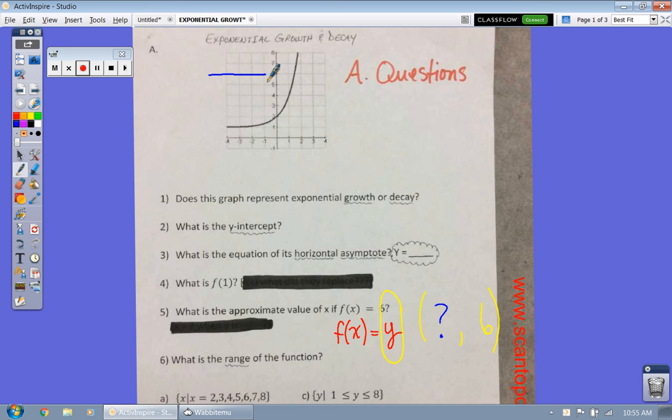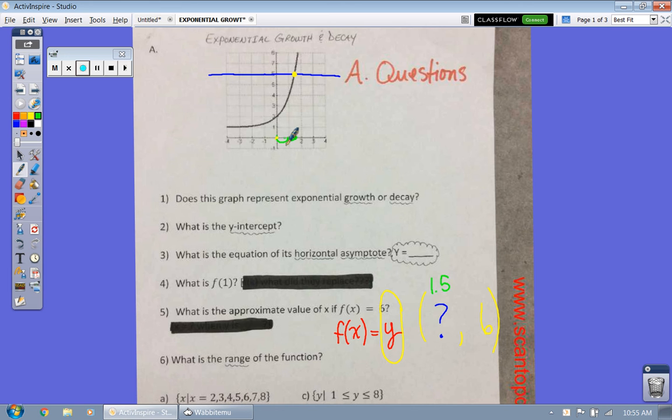So if I go up this far in the y direction, how far to the right or to the left would I need to go from the origin here to get to a point on the graph? Well, we know the point is right here. So how far to the right would I have to go in order to hit that graph? Well, I would go 1, and it looks like a half. So if I go 1.5 to the right, that would be the missing part of this coordinate.